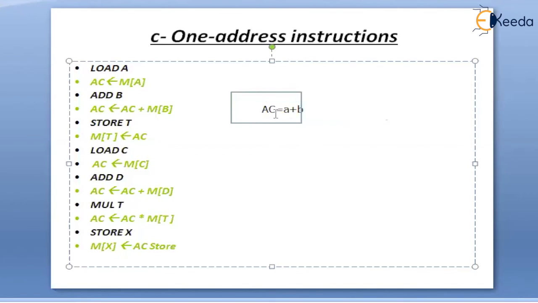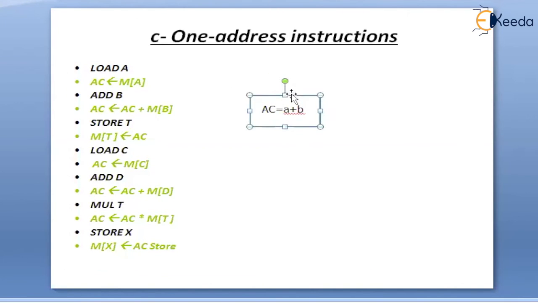Now the accumulator has A plus B. Now C plus D needs to be performed. If you want to perform C plus D, we need to make the accumulator free, which already holds the content A plus B. So for that, we need to clear the contents of the accumulator.